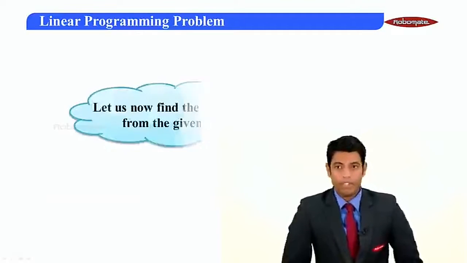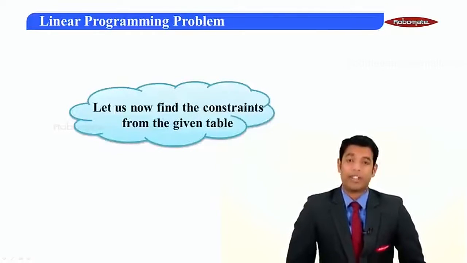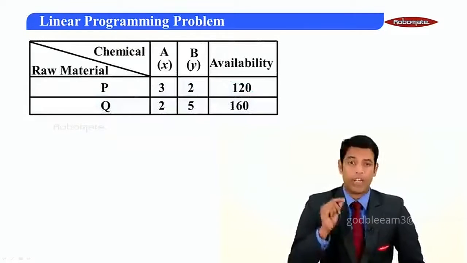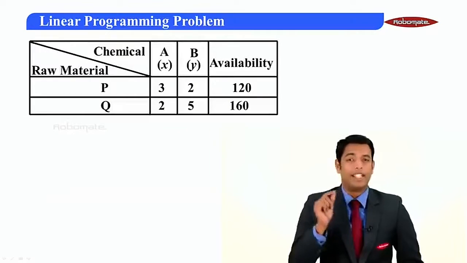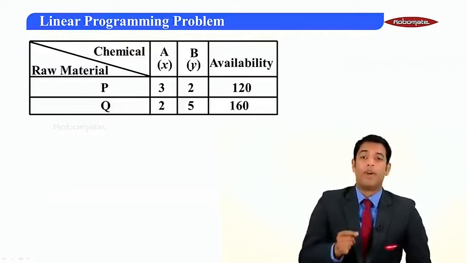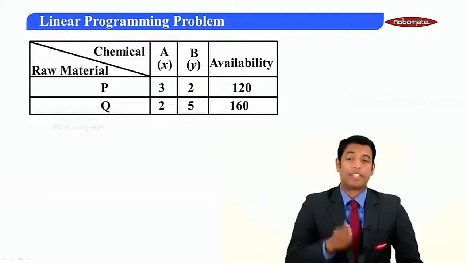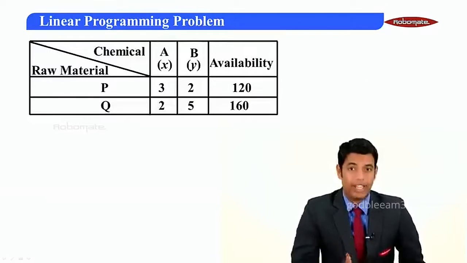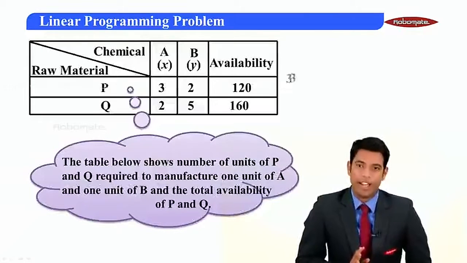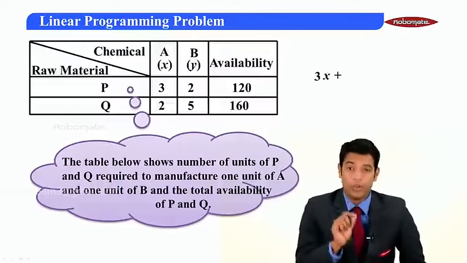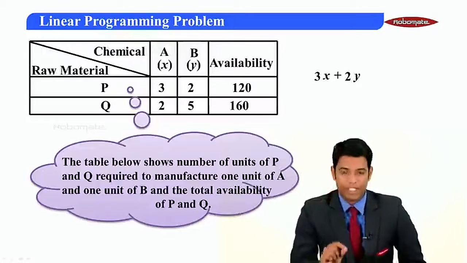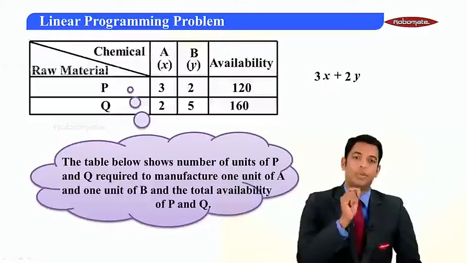Now we'll go to the next step, that is calculating constraints. Let's see the given table. The table says that to manufacture 1 unit of A, we require 3 units of P. So obviously to manufacture X units of A, we require 3x units of P. And similarly to manufacture Y units of B, the company requires 2 into Y units of P. So the total amount of raw material P required will be 3x plus 2y.